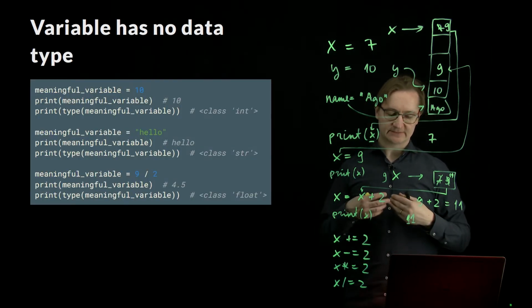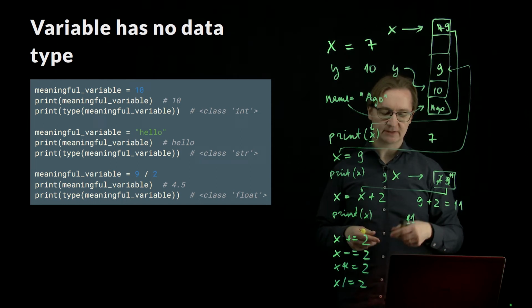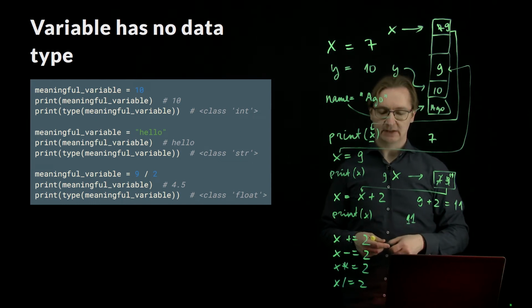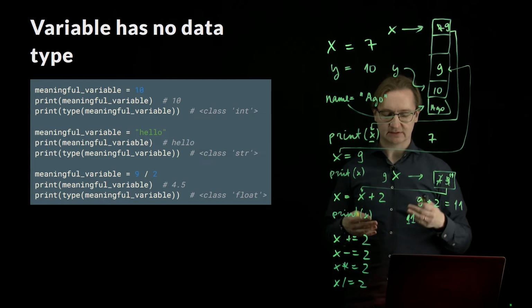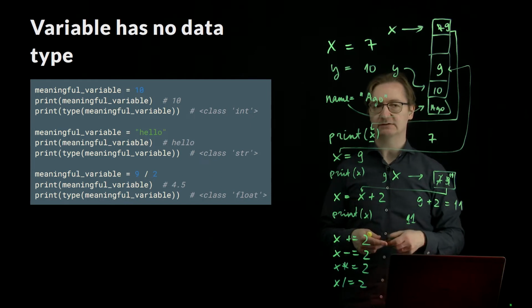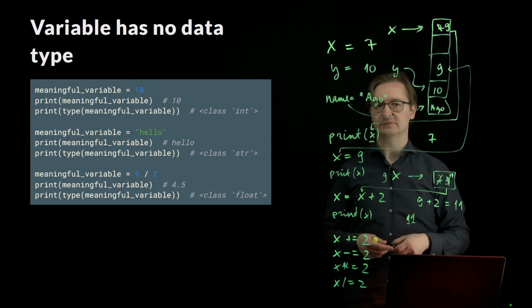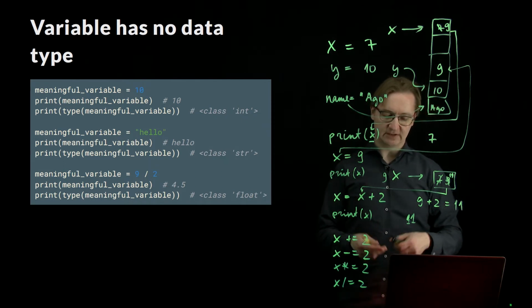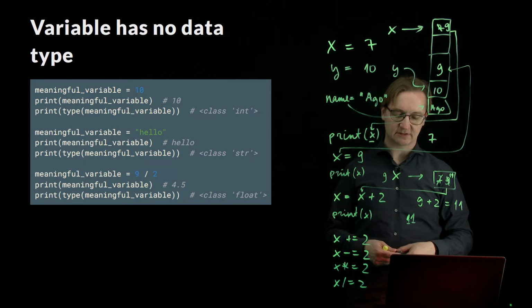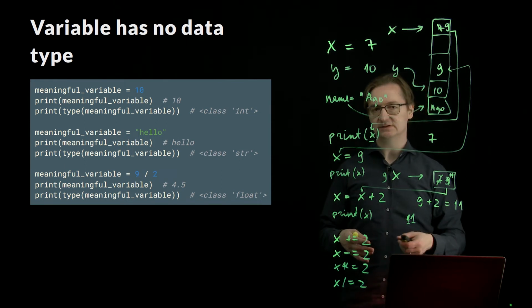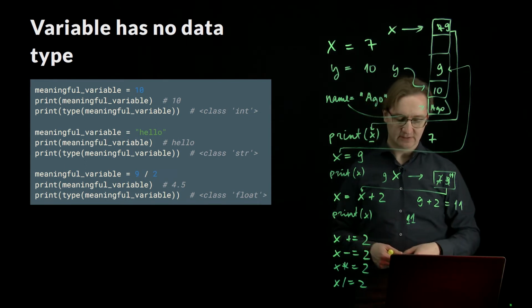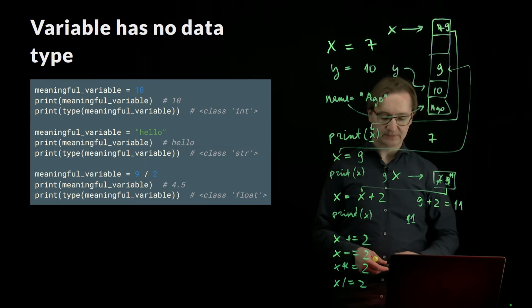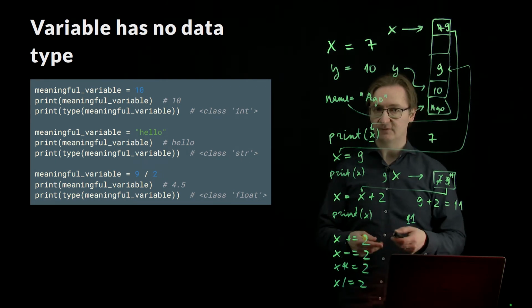And as was pointed out, the variable has no data type. What it means is that we can have the same variable and have different types of values inside this variable. So, for example, there is a meaningful variable here. It starts with value 10, which is an integer, and as we can see in the code, we can print out the type for a variable.